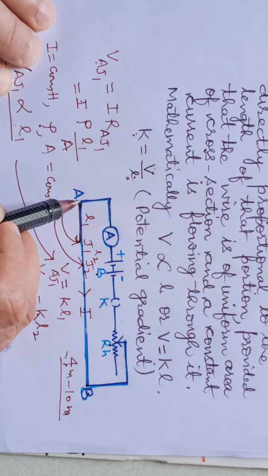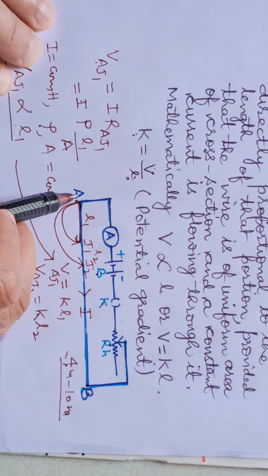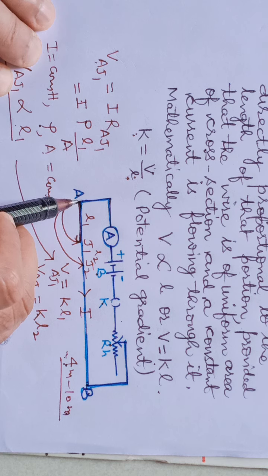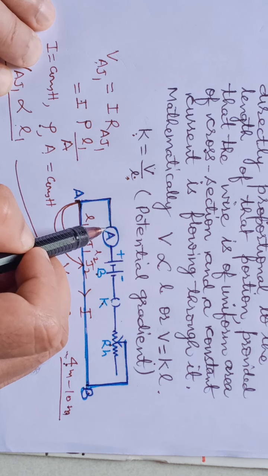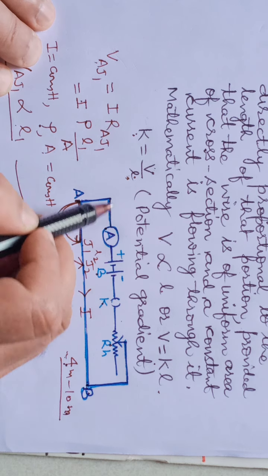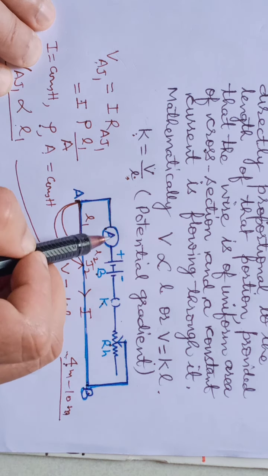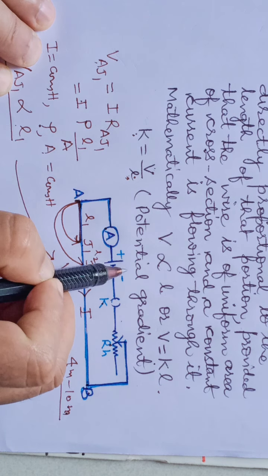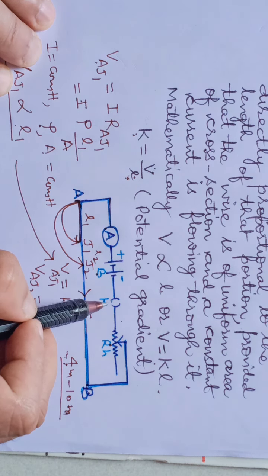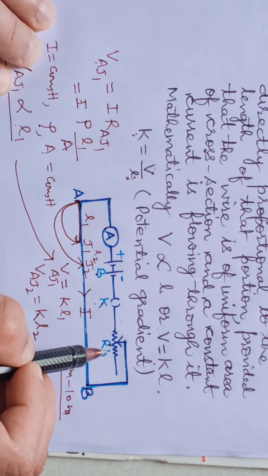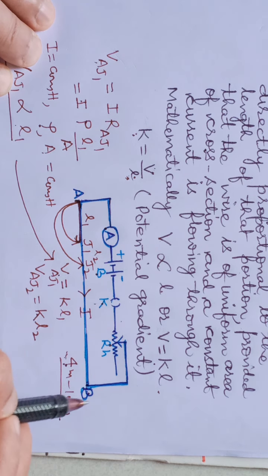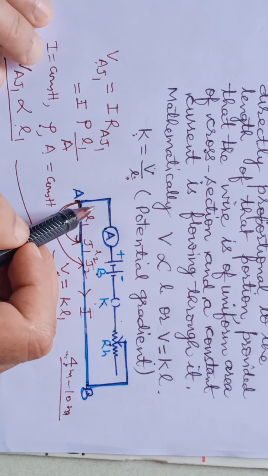Now these two extreme points A and B of the potentiometer wire are connected to an ammeter which records constant current through the potentiometer wire, a driving battery or cell B, key or switch K, and a rheostat to control the current through the potentiometer wire.